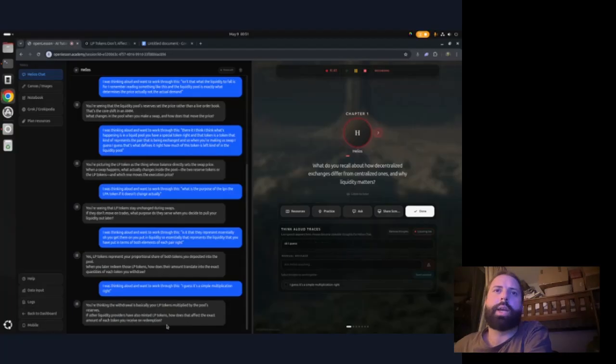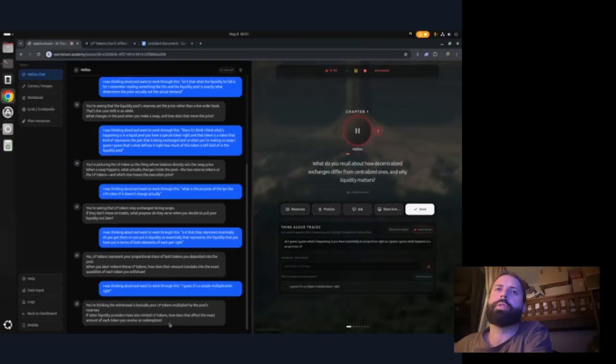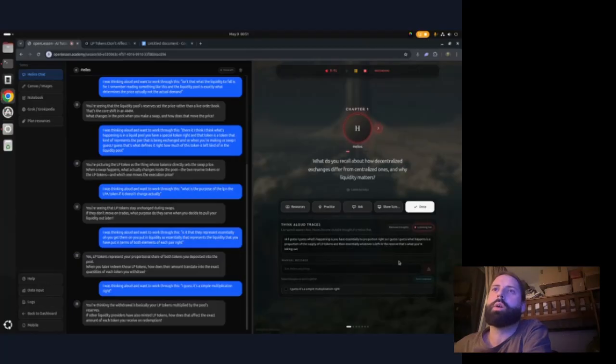Okay, I guess what's happening is it's a proportion, right? So a proportion of the supply of LP tokens, and then essentially whatever is left in the reserve, that's what you're taking out.